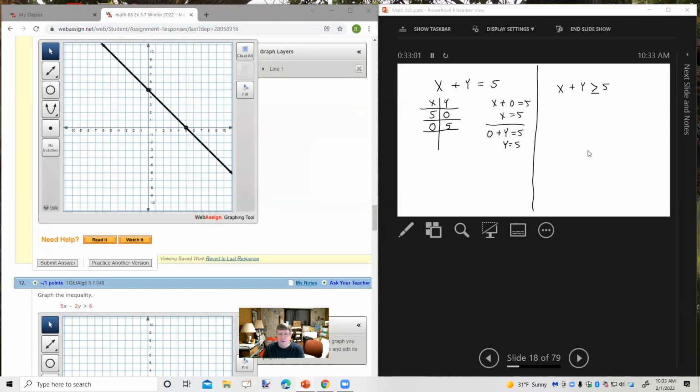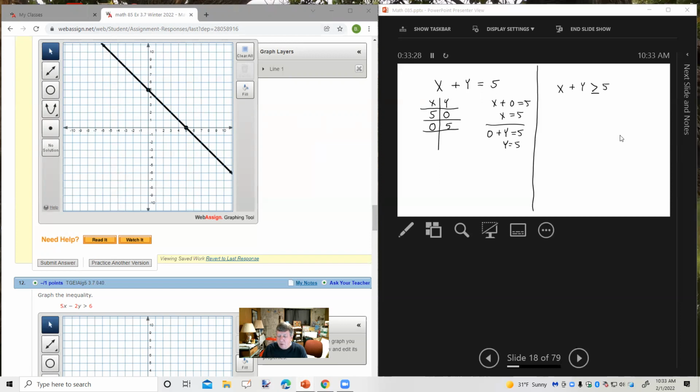But now we not only have the line, but we have everything on one side or the other side of the line. What we have here is this plane, the XY rectangular coordinate system. We've cut through it with a line. Now we're going to pick which side of this is x plus y greater than 5. We already know what equal to 5 is, but what about greater than?